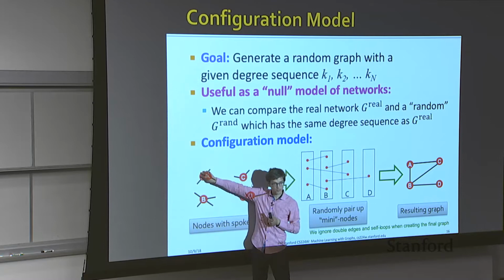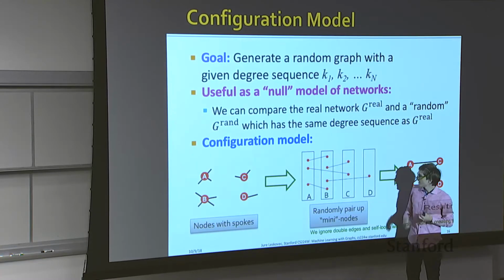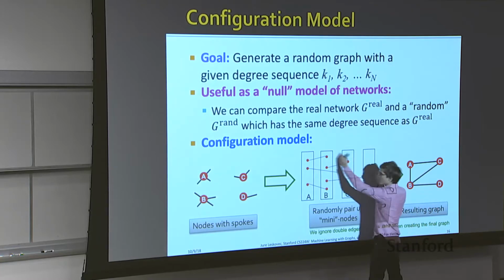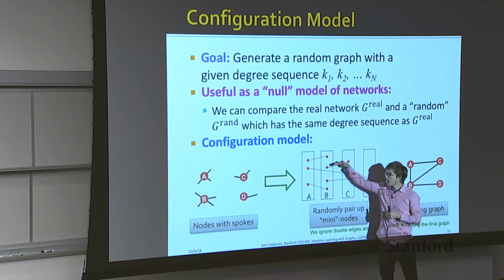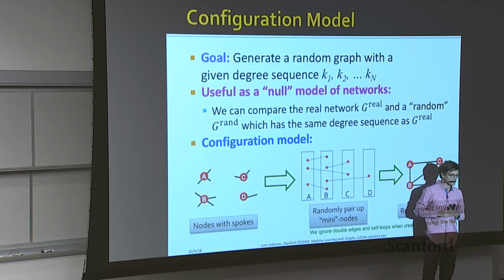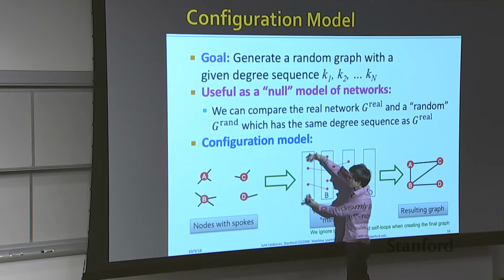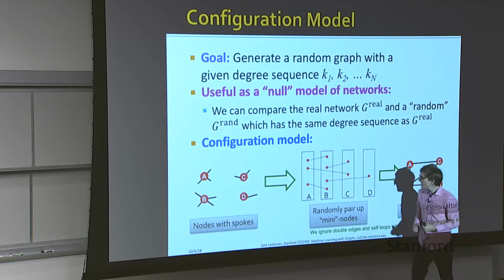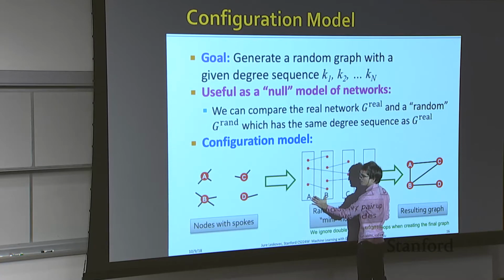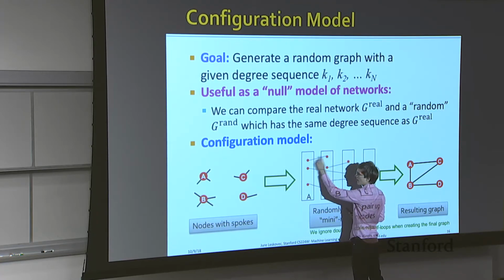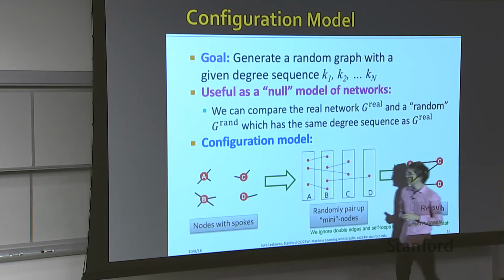Okay, so node A has degree 3, so it gets 3 little circles. And then what I can do is just think of this as a set of nodes, and I generate a random graph between that set of nodes. Okay? And now I can collapse these sets of nodes into single nodes, and there is an edge between a pair of partitions if there is at least one of the edges across the partitions, right?